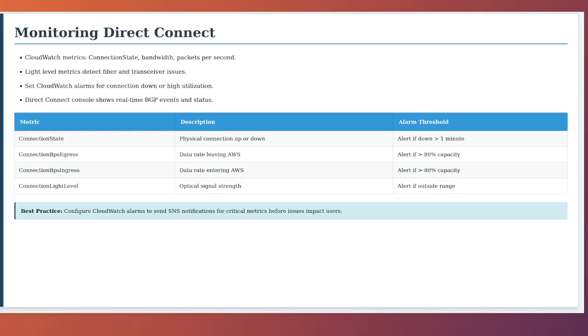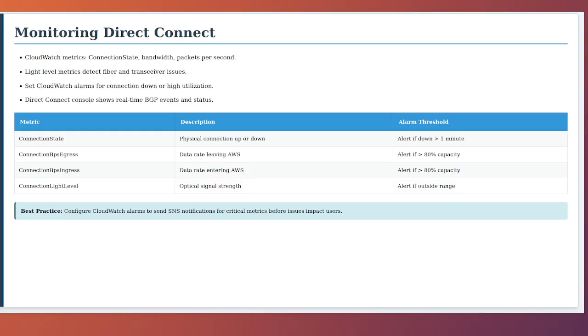The ConnectionBpsEgress and ConnectionBpsIngress metrics show the data transfer rate in bits per second for traffic leaving and entering AWS respectively. These metrics help you understand your bandwidth utilization. If you consistently see values approaching your connection bandwidth limit, you may need to upgrade to a higher bandwidth connection or add additional connections. These metrics are published at 1-minute intervals by default.